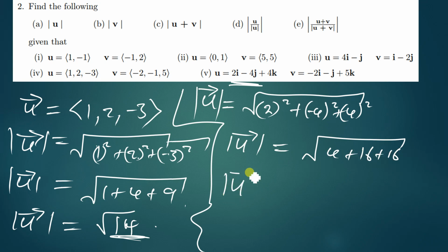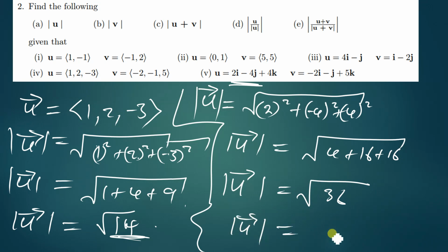We have 36, which is the square root of 36. So the magnitude of u is giving us 6 as the solution. So 6 is the magnitude of this u.